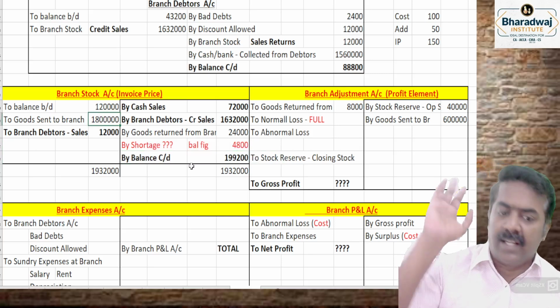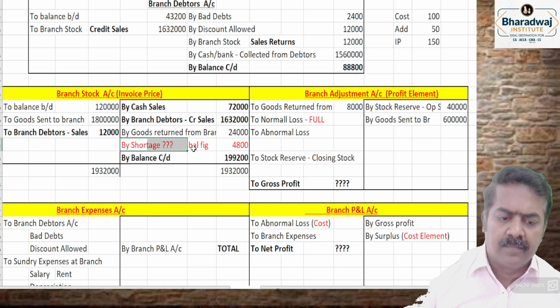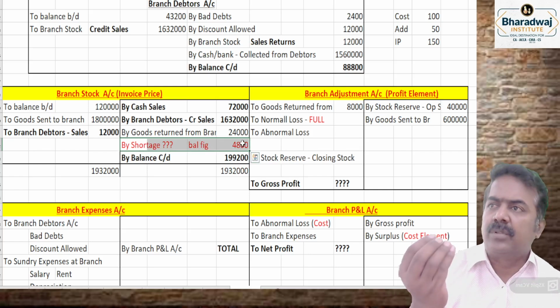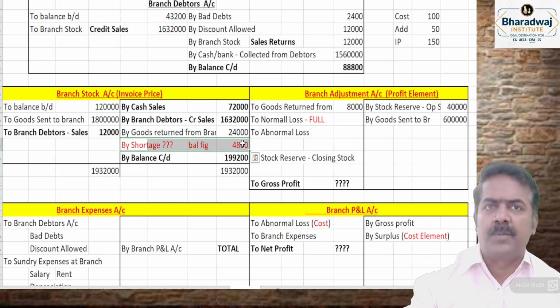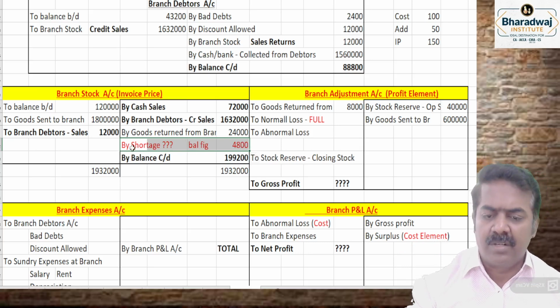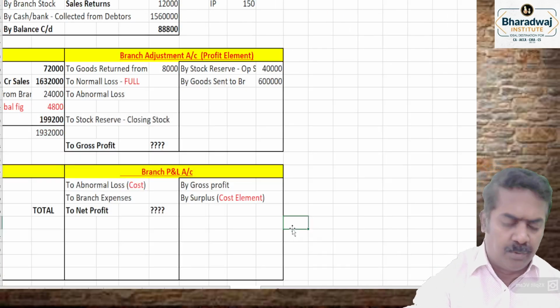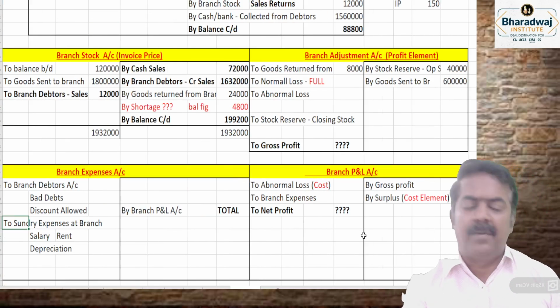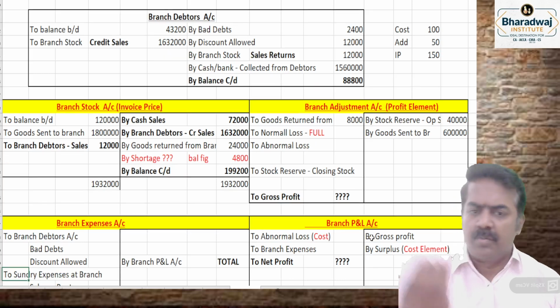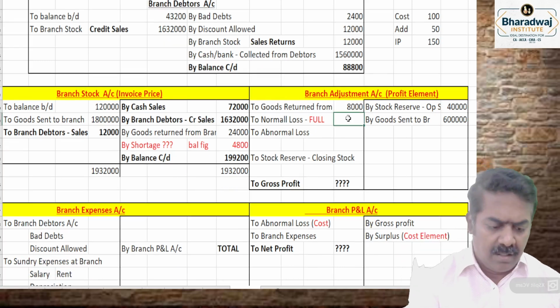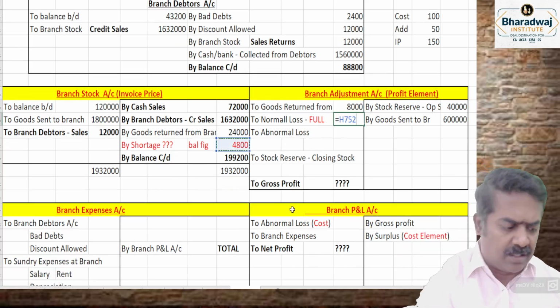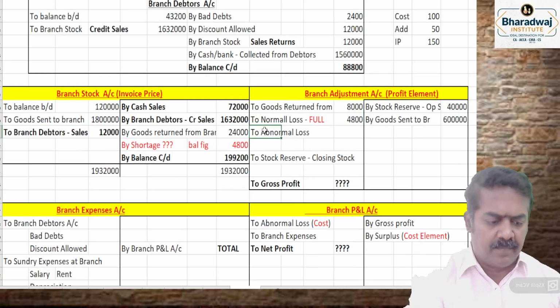We sent 18 lakhs. Look at the shortage, it is only 4,800. Is it abnormal loss or unavoidable loss? A small quantity loss can be taken as normal loss. Full amount you can charge.